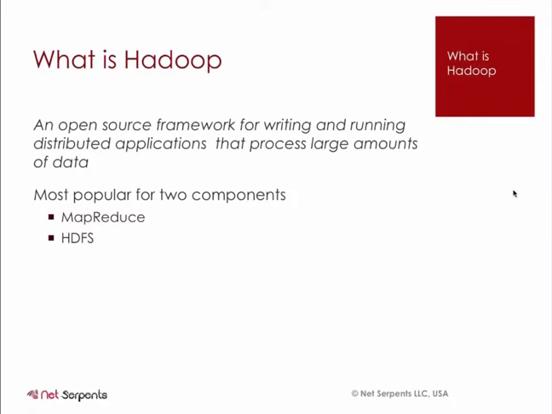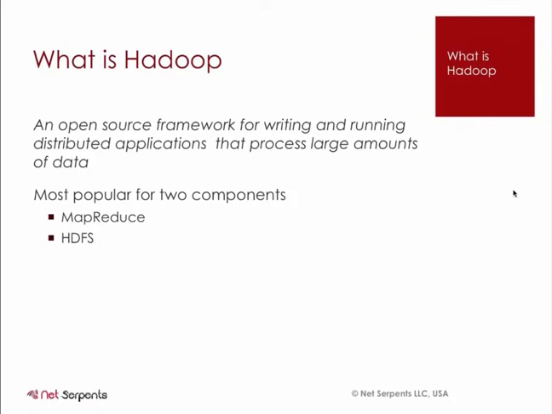There's no cost to actually using it. The second thing you note is it's a framework, right? So it's not any particular technology or a tool. It gives you a way of processing data, of doing some things using different technologies.